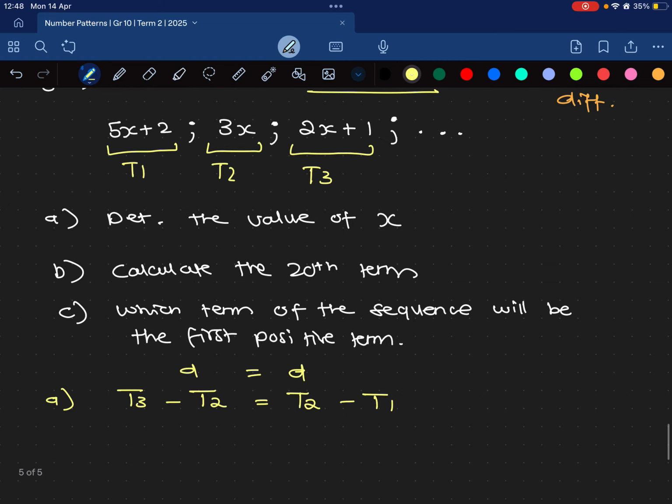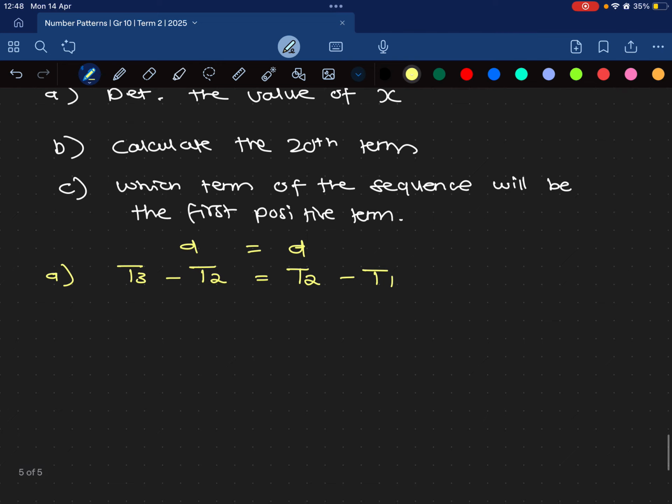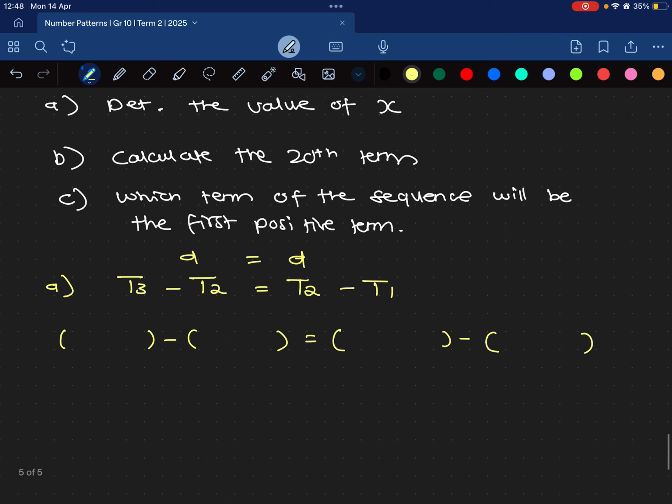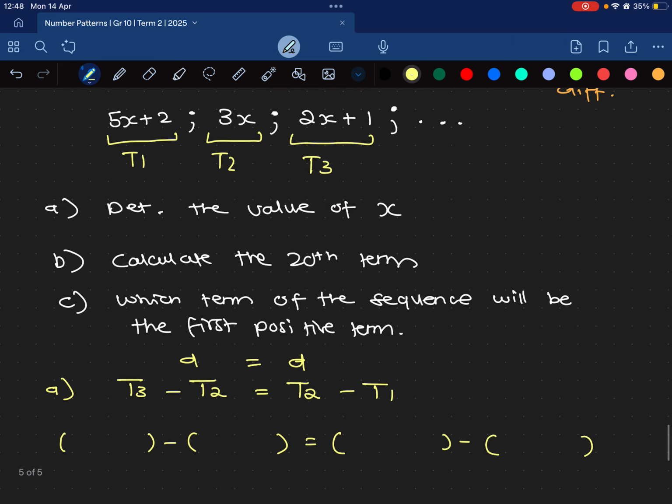So now let's do it. Don't forget, we are replacing values, so you must put your brackets. The sign mistakes here are very bad, so make sure that you do this properly. The third term is 2x plus 1. The second term is 3x.